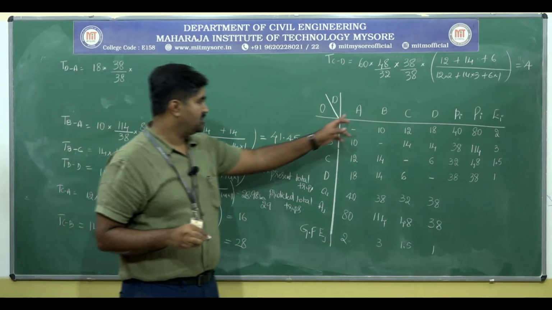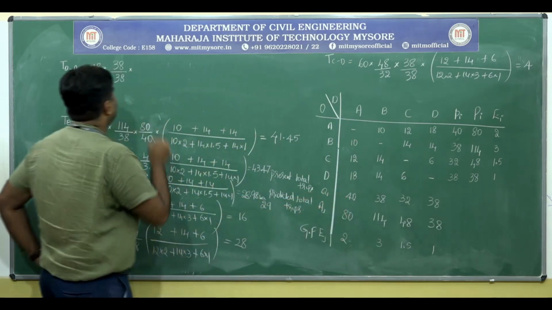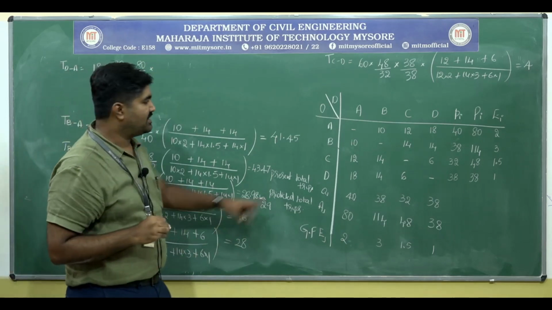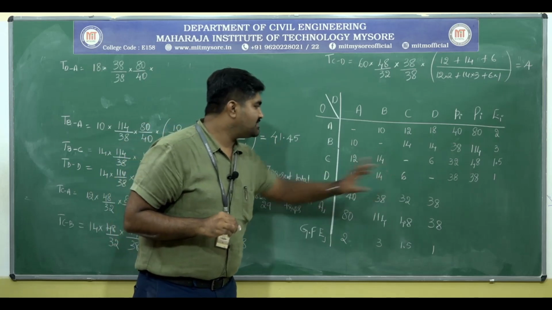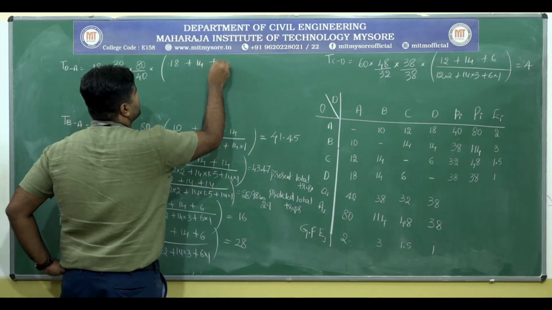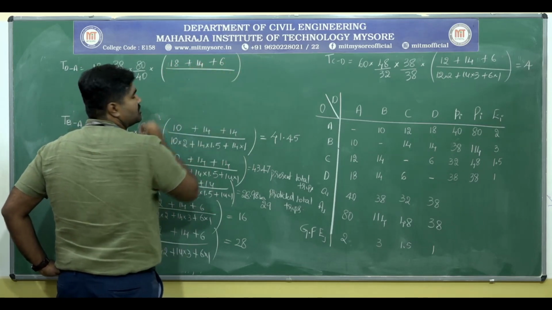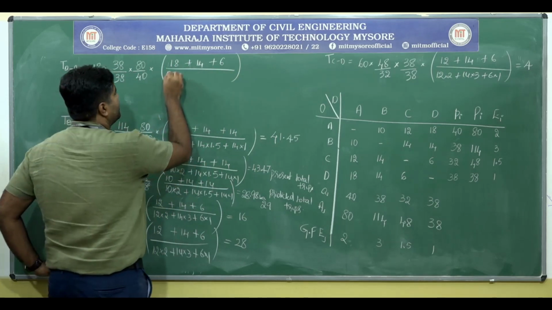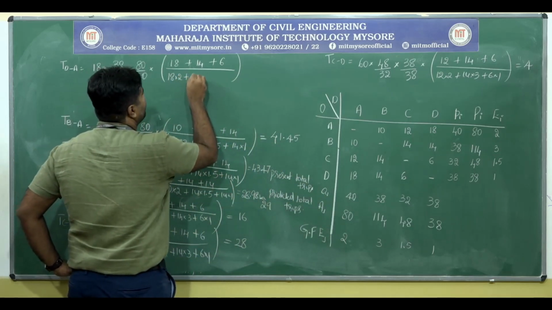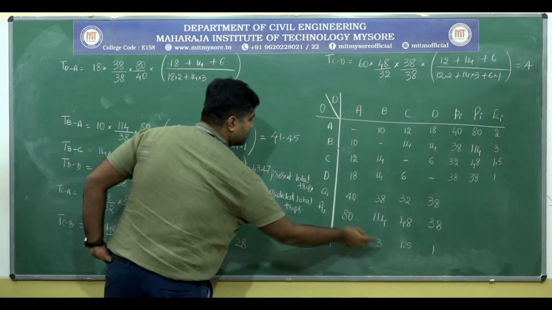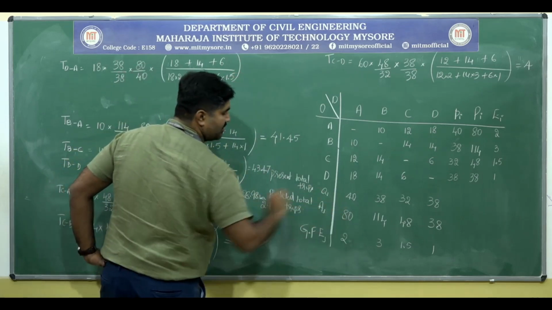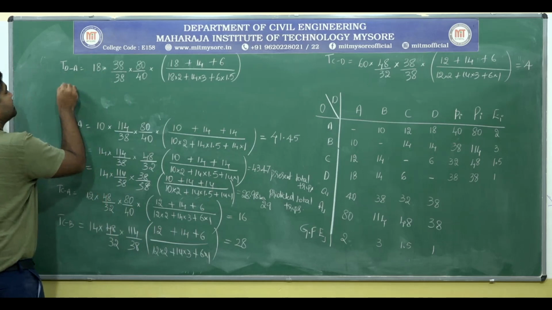Attraction growth factor for this, it is 80 divided by 40, into the trips radiating from this D, 18 plus 14 plus 6, and it should be multiplied with respective attraction factor. Okay, 18 into 2 plus 14 into 3. Next, plus 6 into 1.5.